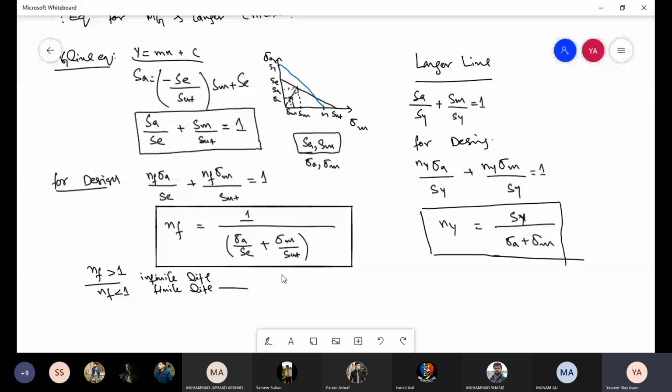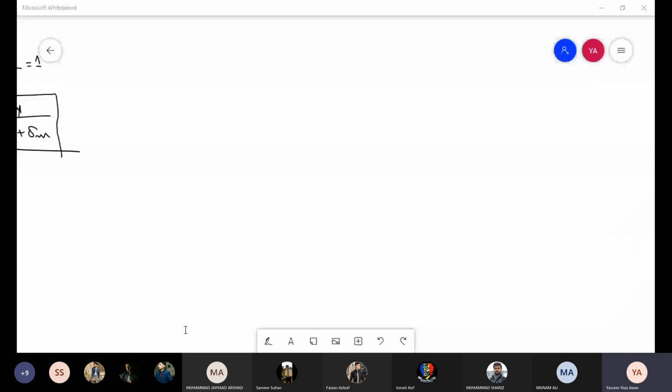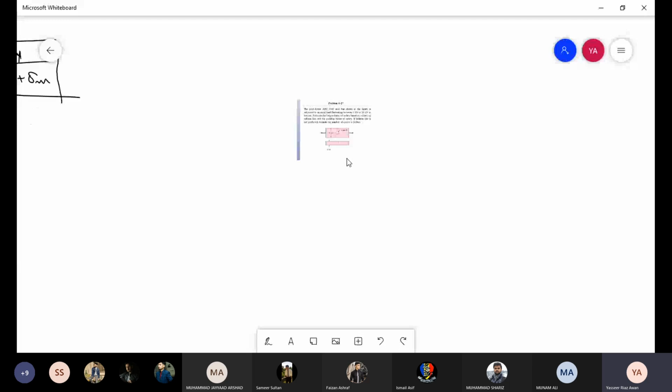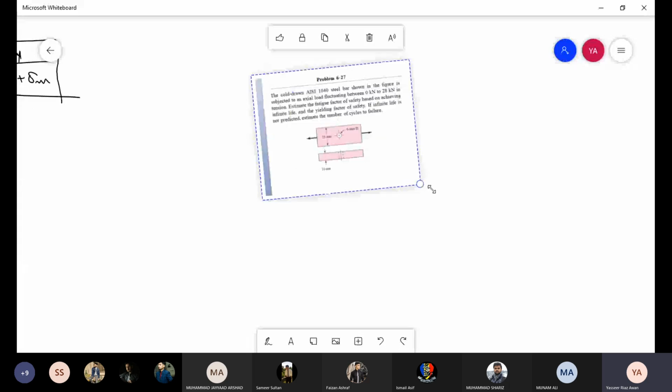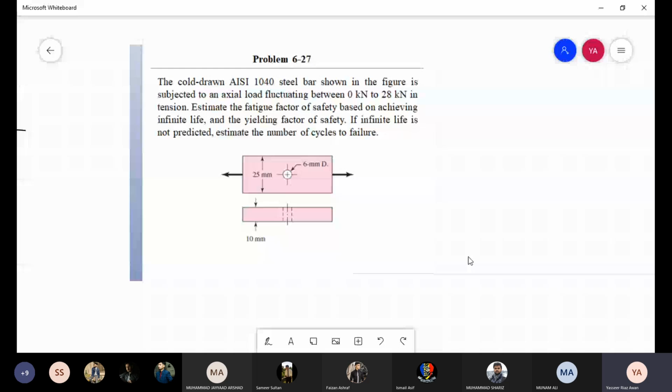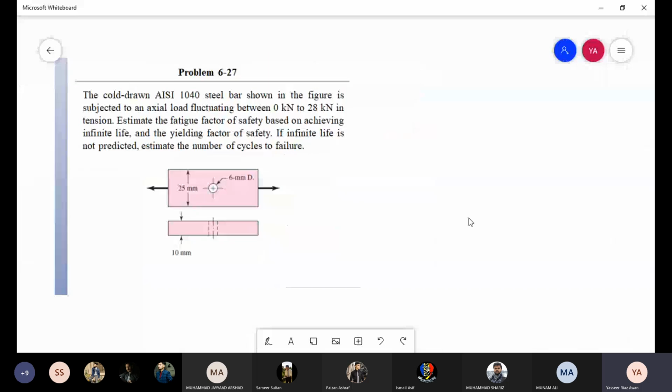So let us now move to a problem related to these quantities, when you have both alternating and mean stress values. In this problem, we have cold drawn 1040 steel.